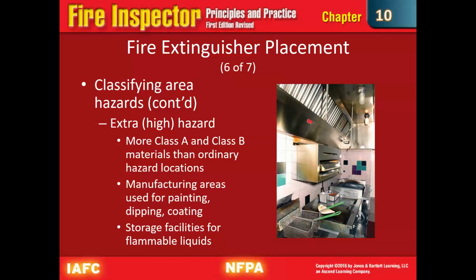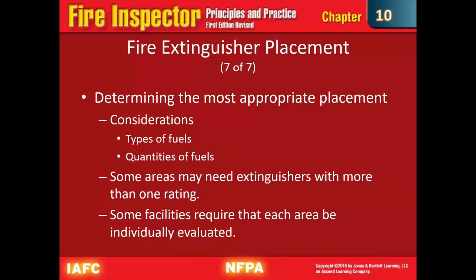And then they have an example here of a kitchen hood system over a deep fat fryer, and those are some of the higher risk areas because you have fuel and heat all there in the same area, so that's where we require the additional extinguishing system included there in the hood.